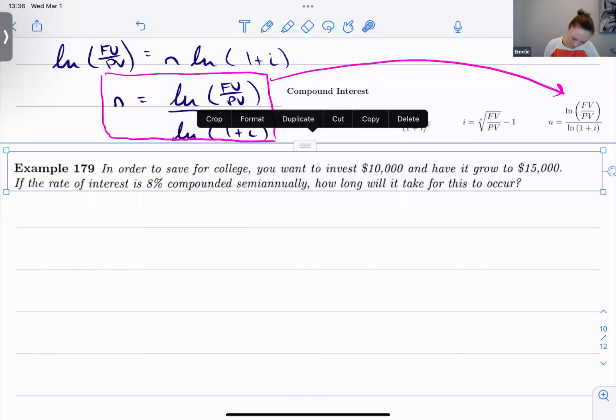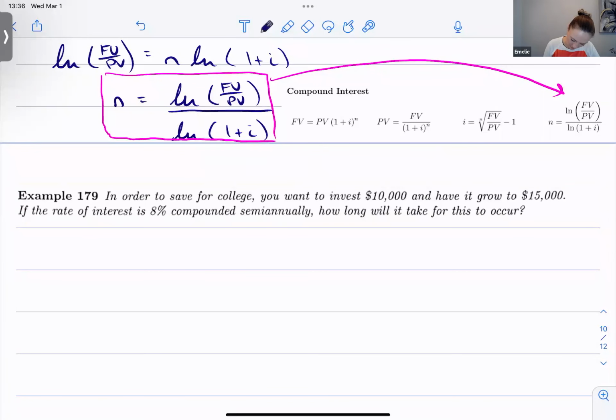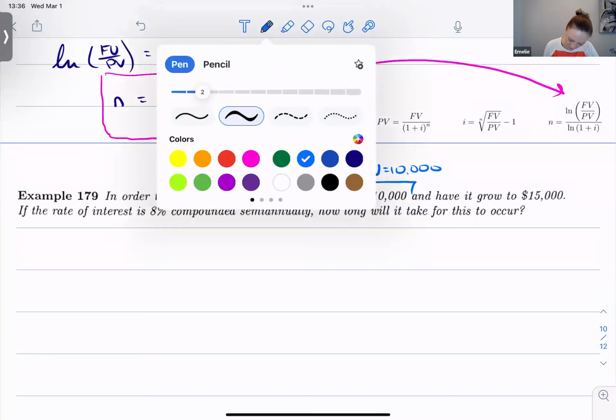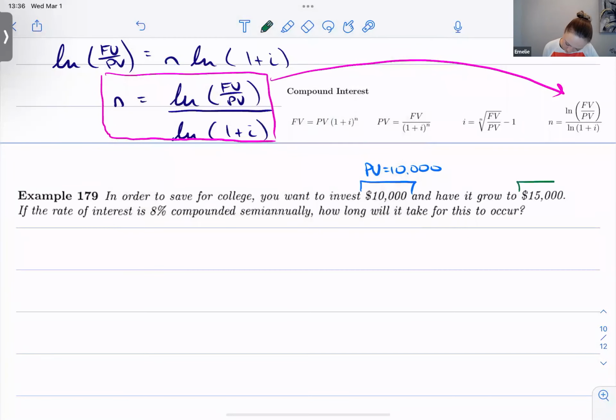All right, so let's bump this down so I can write about it. The present value is 10,000. The future value is 15,000.